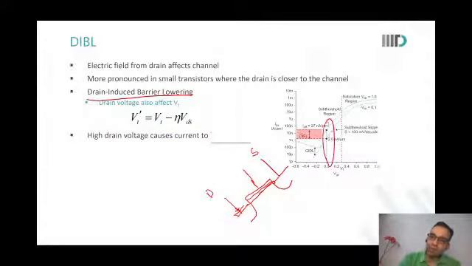This happens because as you increase the drain voltage, the electric field contours change in such a way that in a long channel device, why is this happening today? Just give me a moment.